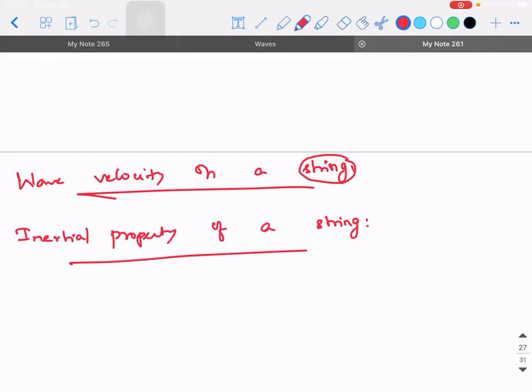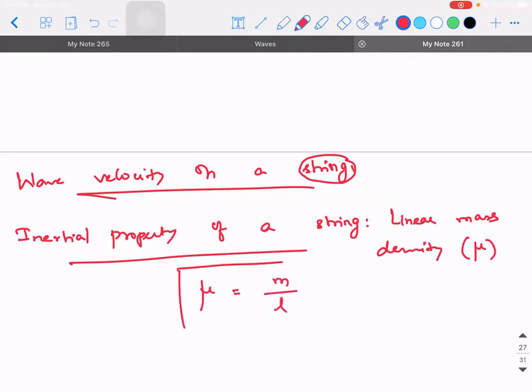Remember, inertia is directly proportional to mass. So the inertial property of a string is defined by its linear mass density. That is what is mu. How you define mu is, it is defined as the amount of mass per unit length. Guys, am I clear with this?